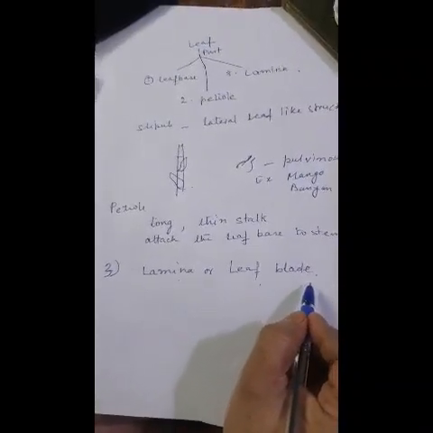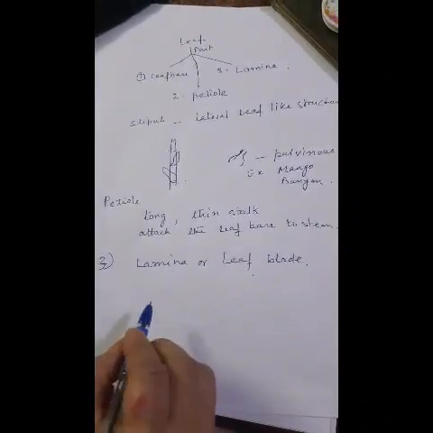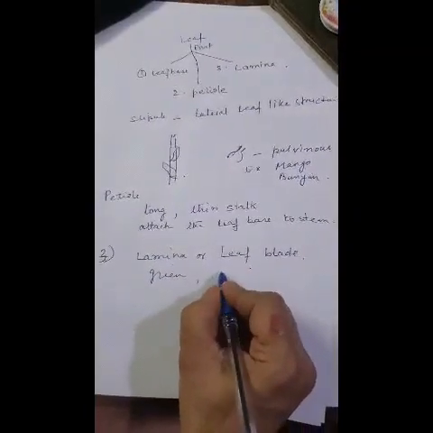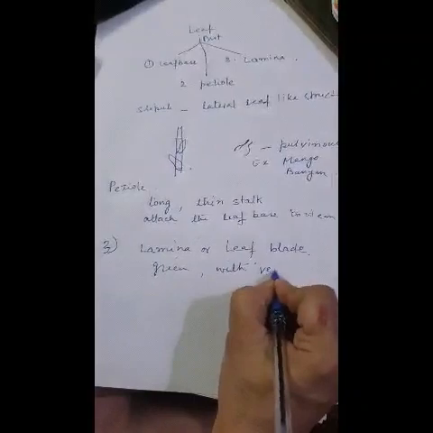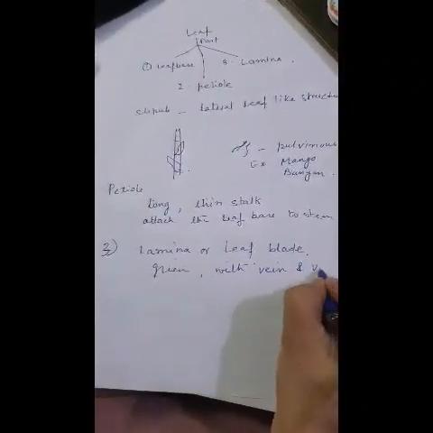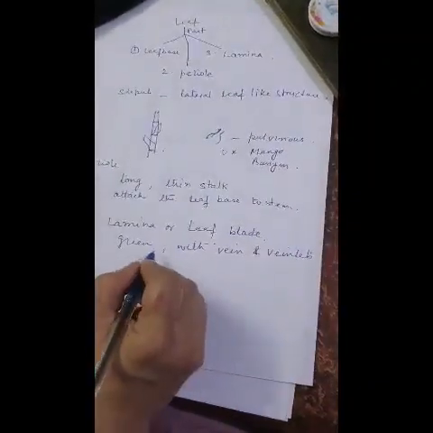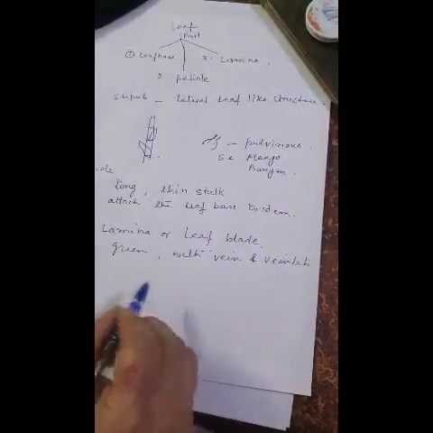These are green expanded parts of the leaf with vein and veinlets. Middle prominent vein is called midrib.